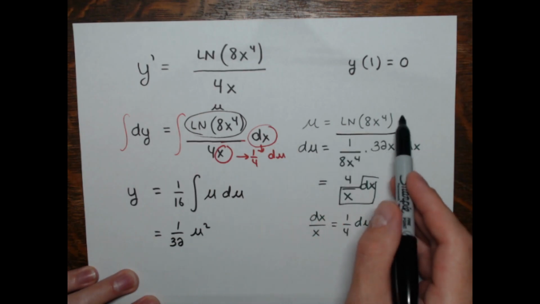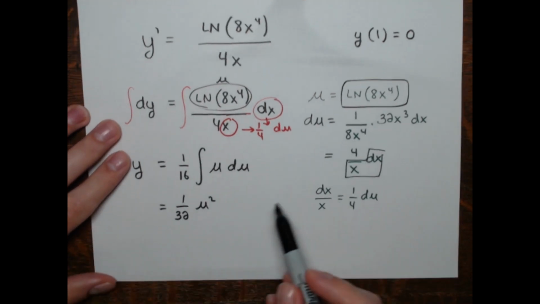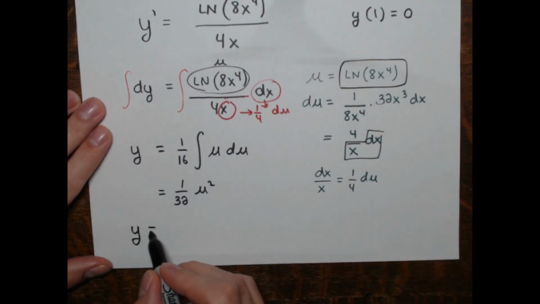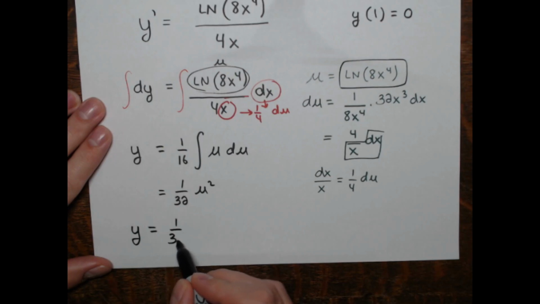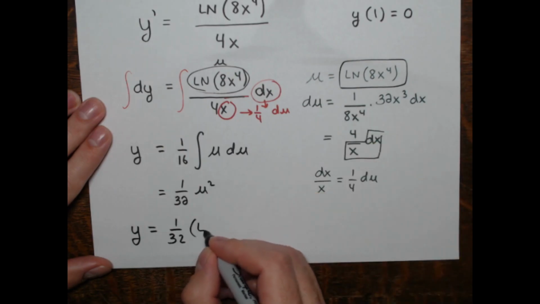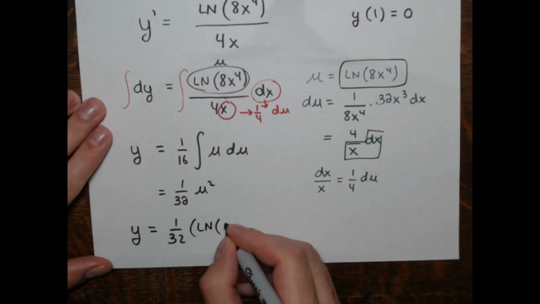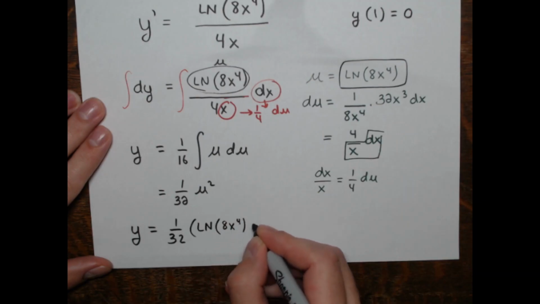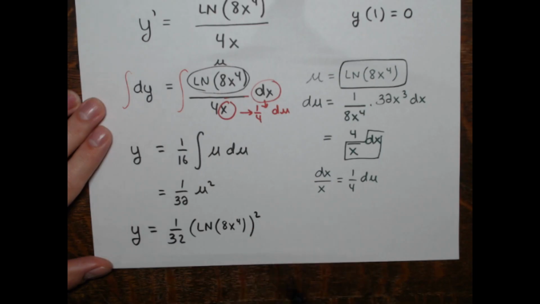And now I'll sub back, remember what u was, this thing. So y equals 1/32 times u squared. So I'll put this, natural log of 8x to the fourth, that thing squared. Now, sometimes you might see the square after the log, like with a trig function. But I'd be careful here. Some computer programs, I don't think Knewton will accept that.